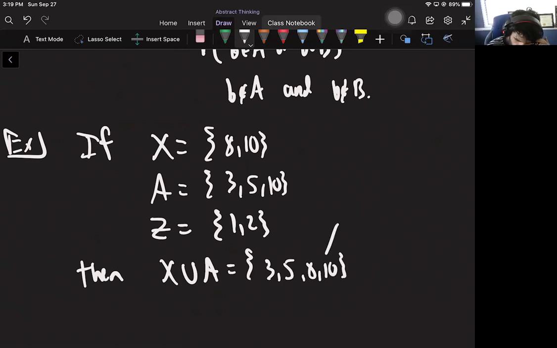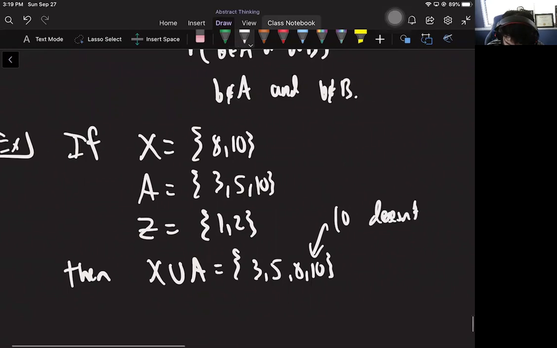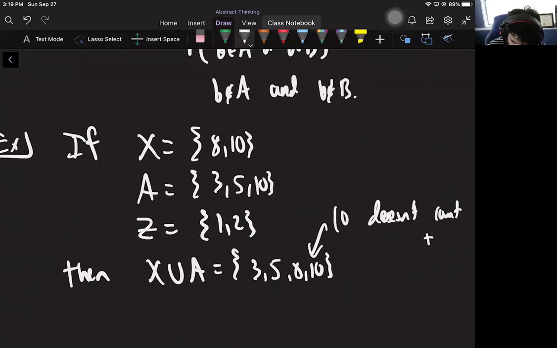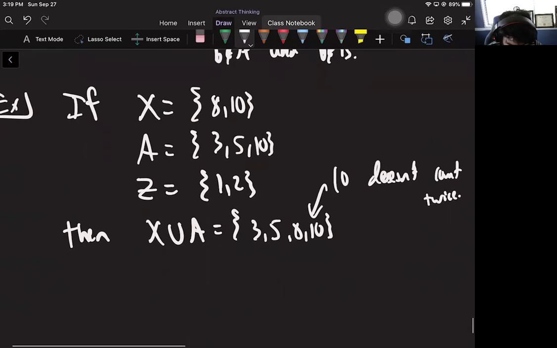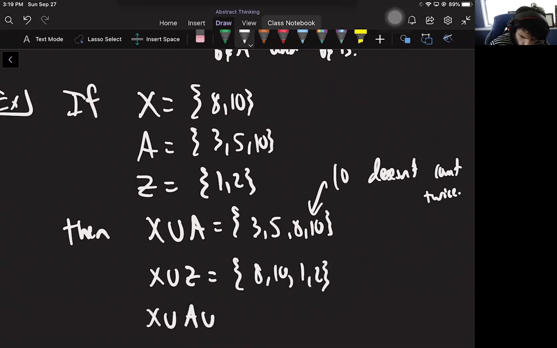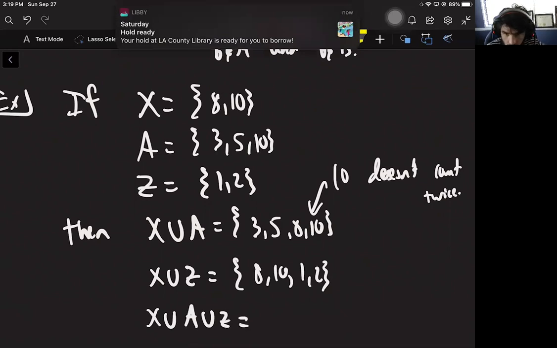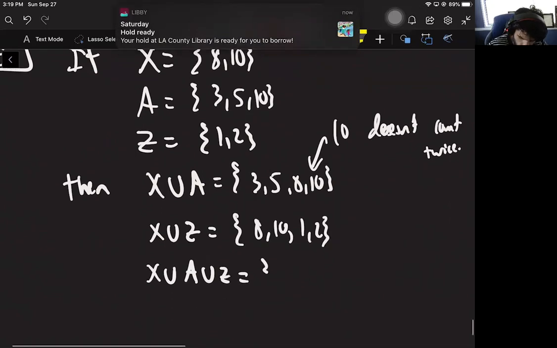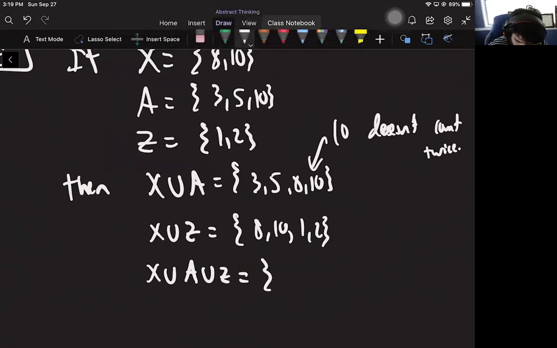Remember, you don't count 10 twice because sets don't care about if they're in there twice or not. So it doesn't matter that 10 is in both. As long as it's in one, that's enough. And I don't double count. So X union Z would be 8, 10, 1, 2. And then, of course, I could union everything together if I really wanted to. So I can do all three at once. So I could do 8, 10, 3, 5, 1, 2. It'd be the union of all three.